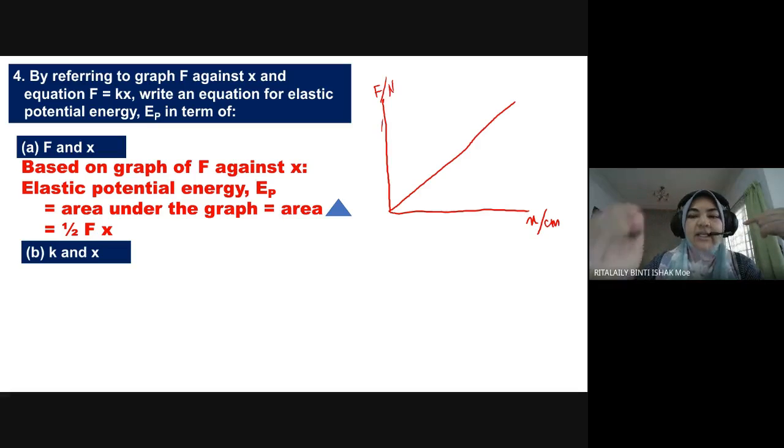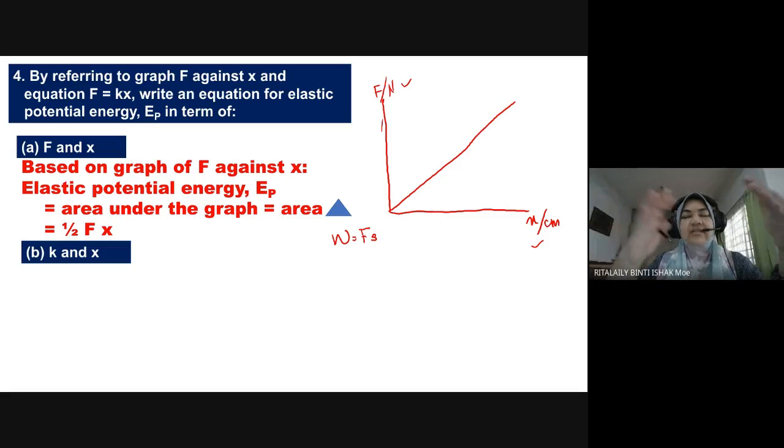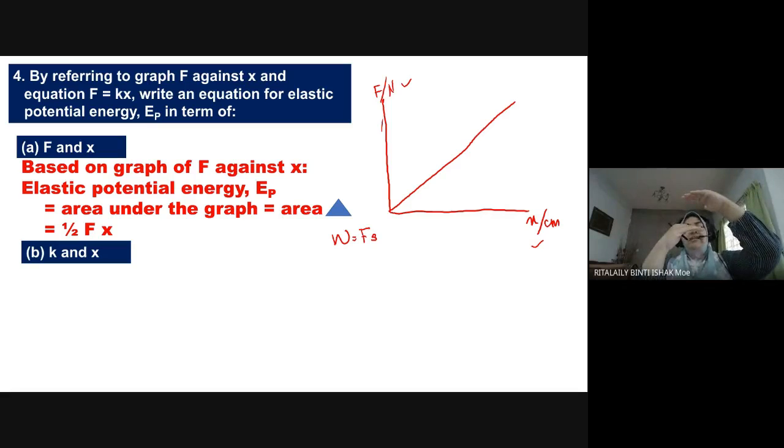So to calculate work is force times displacement. Or energy in general is force times displacement. So if you look at the graph, F is the force and X is the displacement, because at first the spring is like this. When it is extended, dia displace lah. Okay, so W is Fx.